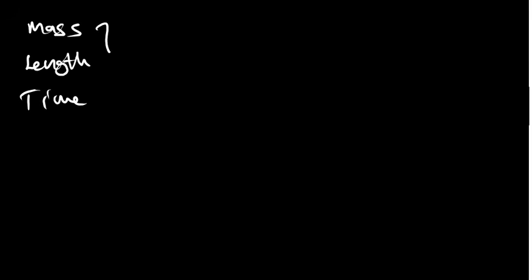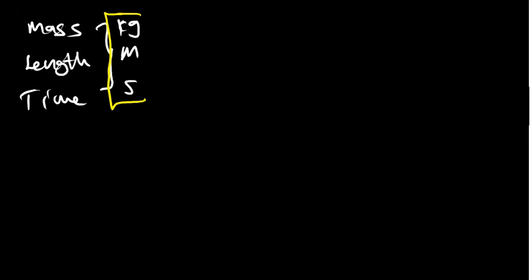But now our main interest is mass, length, as well as time. These are the things we are going to be using under dimension analysis. Mass we know is in kgs, length is in meters, and time is in seconds.